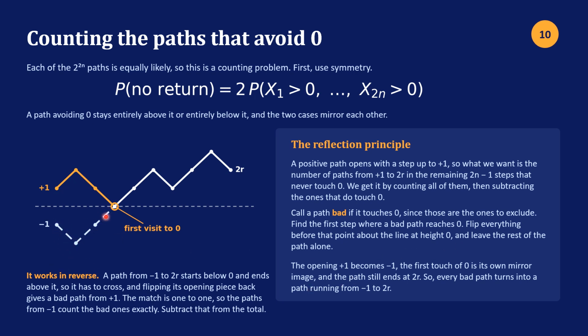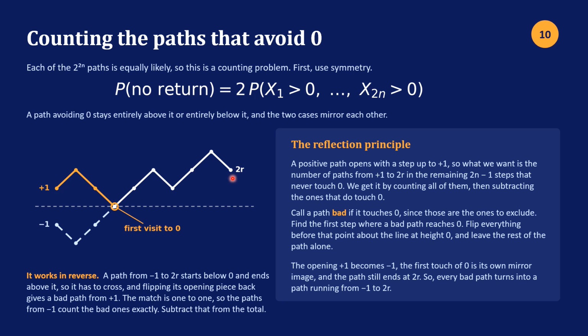So now we have this path here. So the opening +1 now becomes -1. The first touch of 0 is its own mirror image, in other words here, and the path still ends at 2r. So every bad path turns into a path running from -1 to 2r.